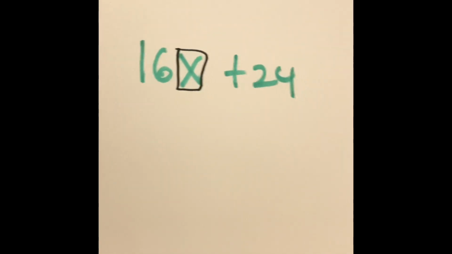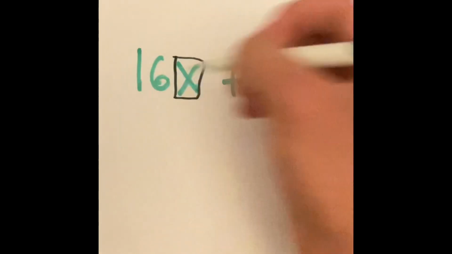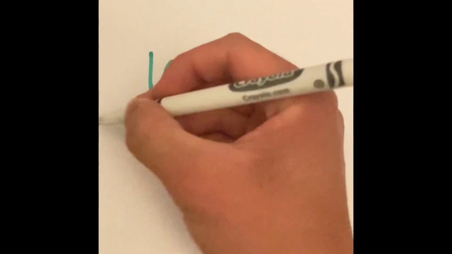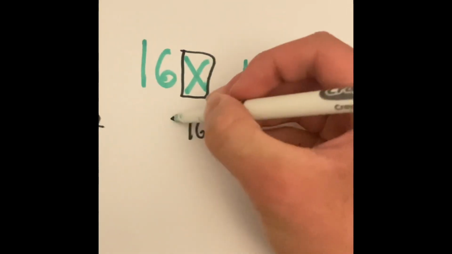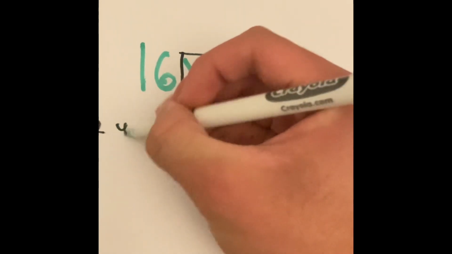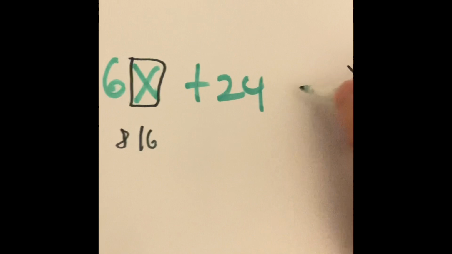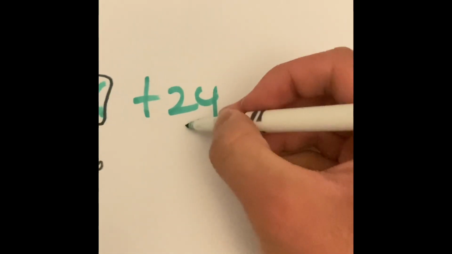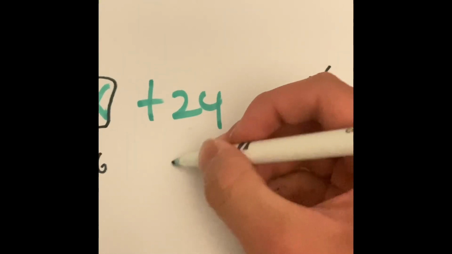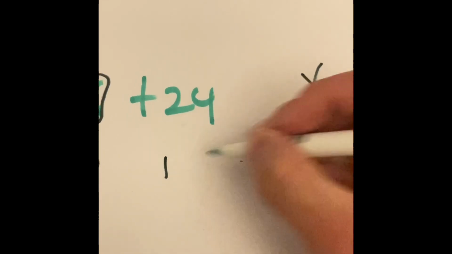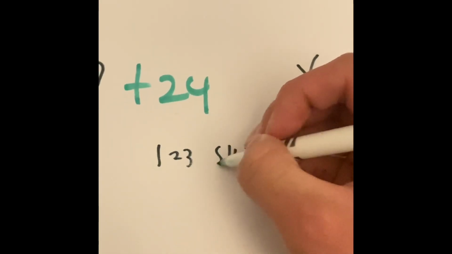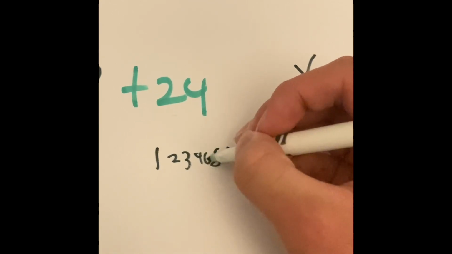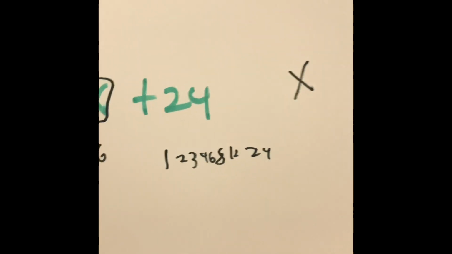So we write the factors for 16: 1 and 16, 2 and 8, 4 and 4. And for 24: 1 and 24, 2 and 12, 3 and 8, 4 and 6.